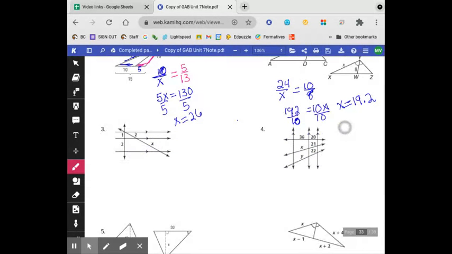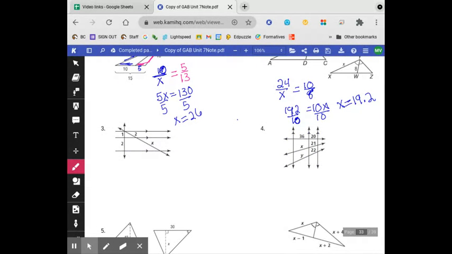So here we're using the 3 parallel lines. So we know 1 is to 2, as 2 is to X. We cross multiply and we get X equals 4. Here to find X and Y, again we have 3 parallel lines. So I'm going to say X is to 21, as 36 is to 20.